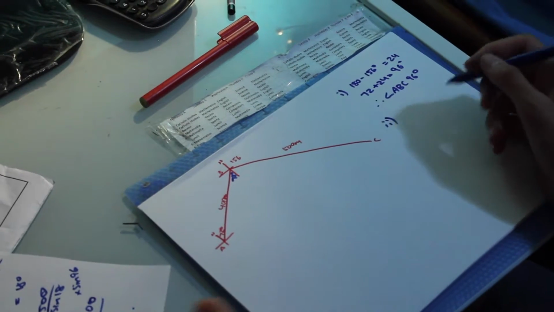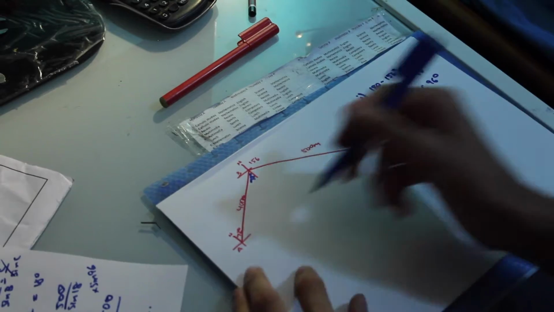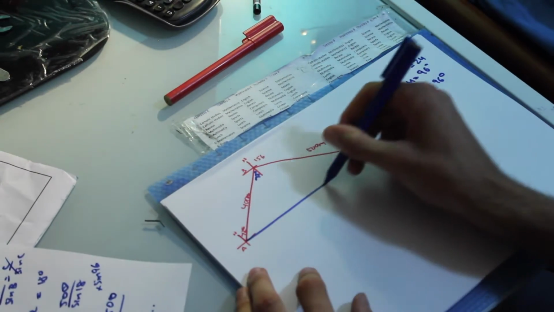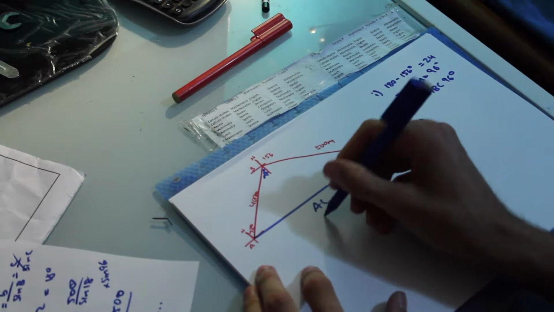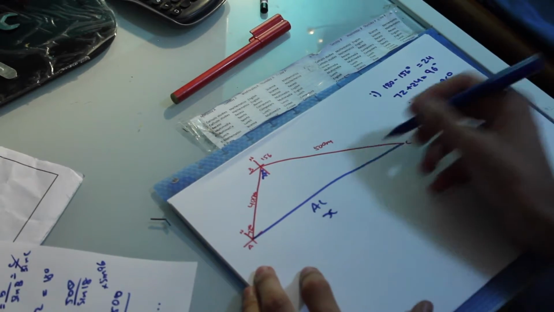Alright, part b asks us to calculate AC, and AC is just the length here, so this is AC, and we'll just call it x to make it easier for ourselves.